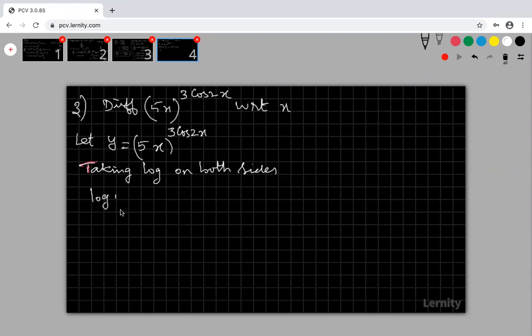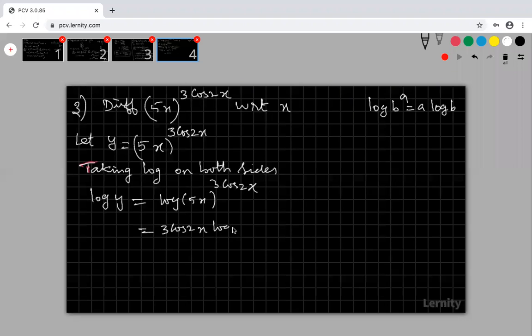So taking log, log y equals log of 5x power 3 cos 2x. I have already told one formula: log of b power a equals a log b. So this a comes here, a into log b equals log of b power a; both are same. Take this as a and this as b. Apply this formula and I get 3 cos 2x log 5x. Is it okay?